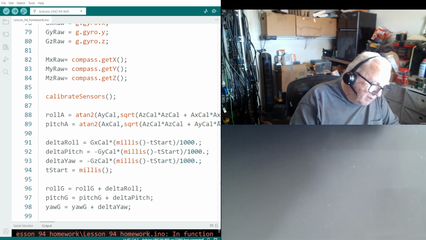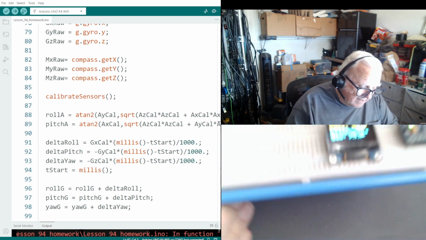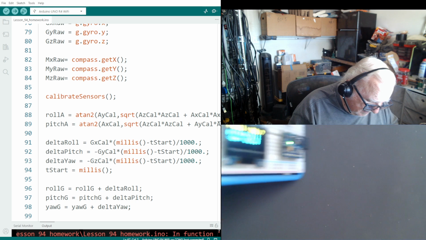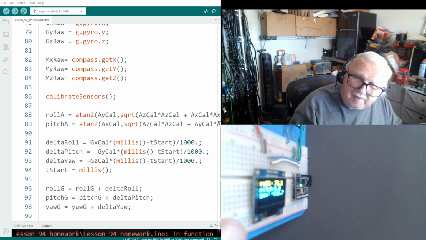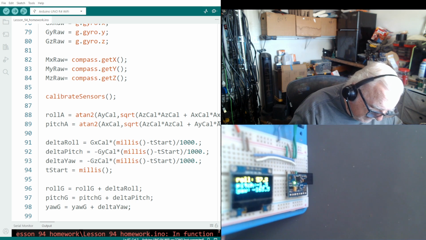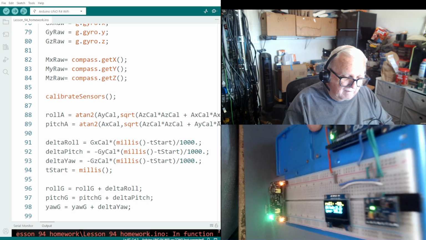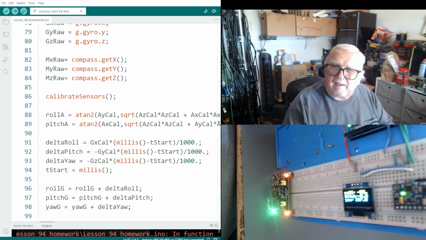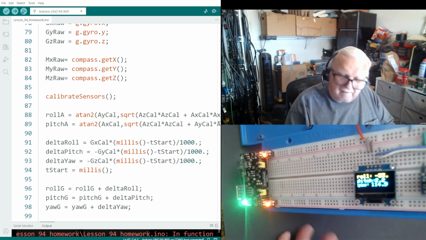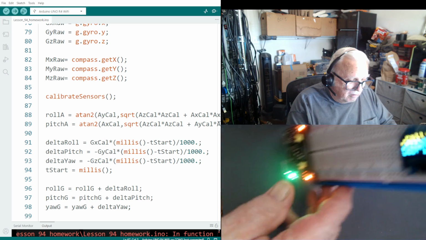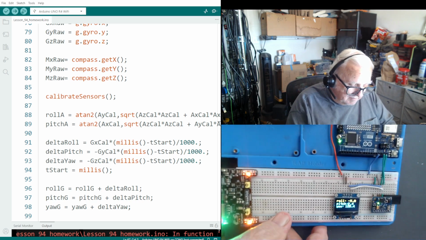If I pitch it up the other way, it's about 70 degrees that way. And roll, you can't really see it, about 50, 60 degrees there, and that's about 30 degrees there.